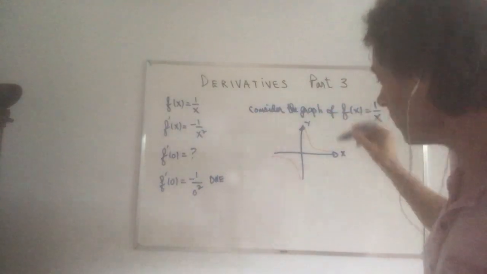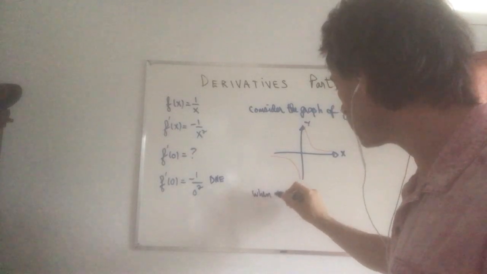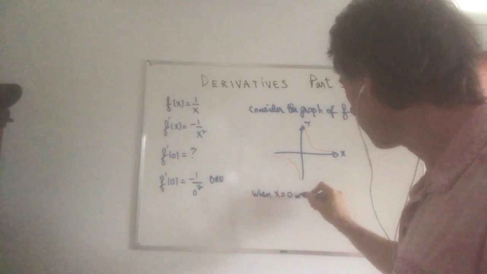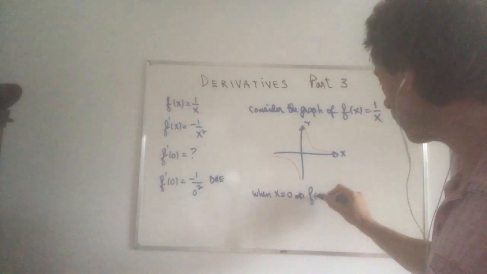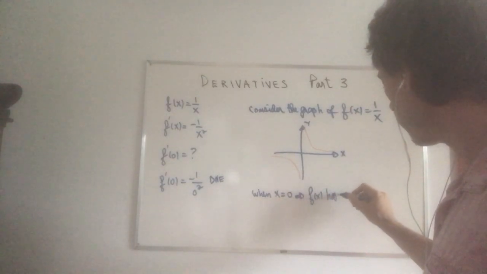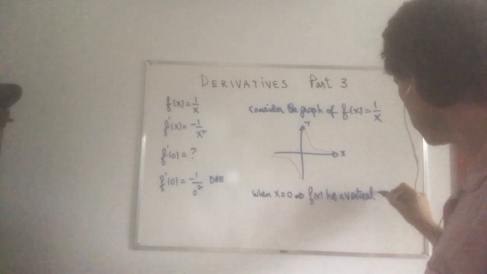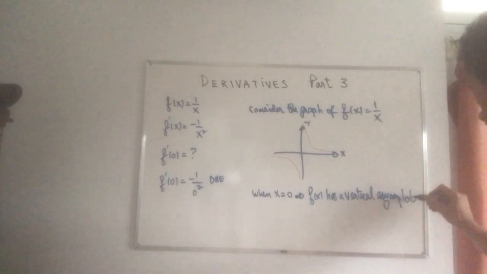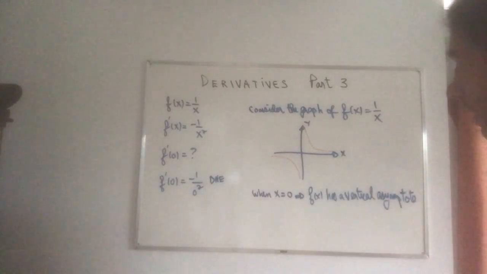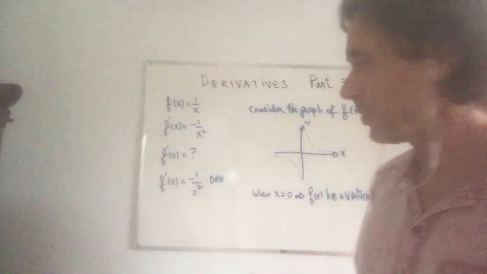And what happens to this graph at x is equal to 0? When x is equal to 0, we have that f of x has a vertical asymptote. Well, an asymptote is, as we saw before, a major cause of discontinuity, right?